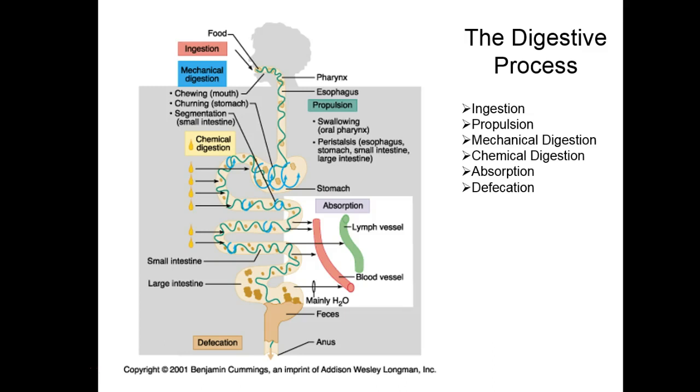Remember, diffusion is where something goes down a concentration gradient, from a high concentration to a low concentration. Or there can be active transport, where protein carriers take it through a channel and into either the bloodstream or the lymphatic system. And then you have the elimination, which is defecation.